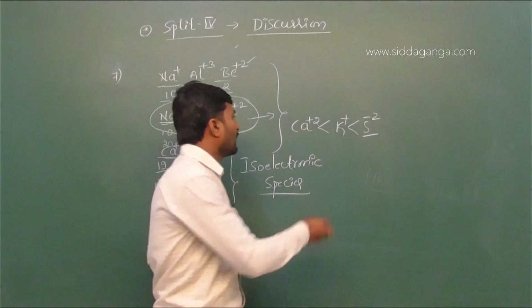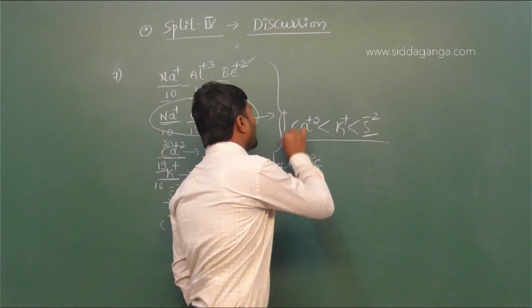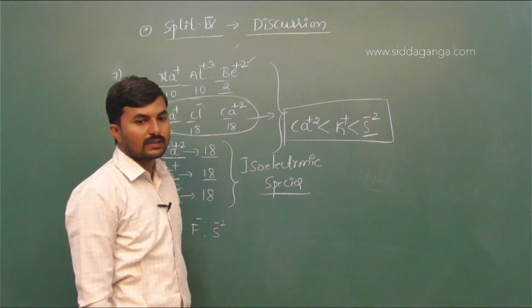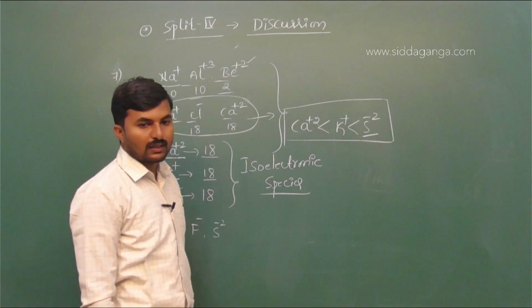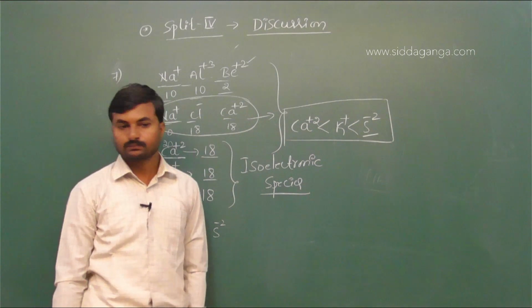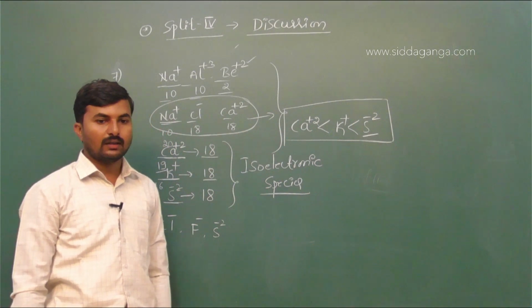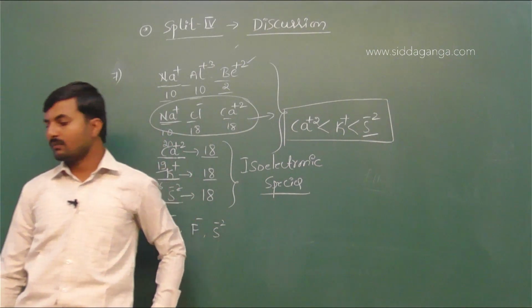That is why this is the trend for the ionic radii in increasing order. Which is the correct option given here? That is option 3: calcium, followed by potassium, followed by the sulfur ion, S minus 2.